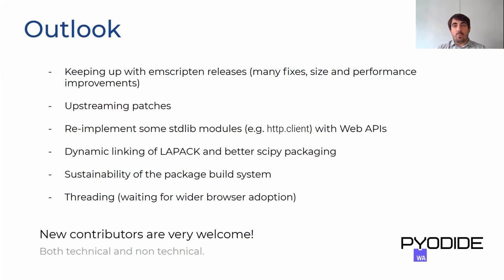So there are open questions of how to deal with that. Maybe go more towards a Conda Forge model, or try to integrate into Conda Forge. There's also threading, which is currently disabled, but should be possible to enable, and we're waiting for wider browser adoption. So in general, if you're interested in contributing, don't hesitate. There's a lot of things that could be improved, and we really welcome both technical and non-technical contributors.